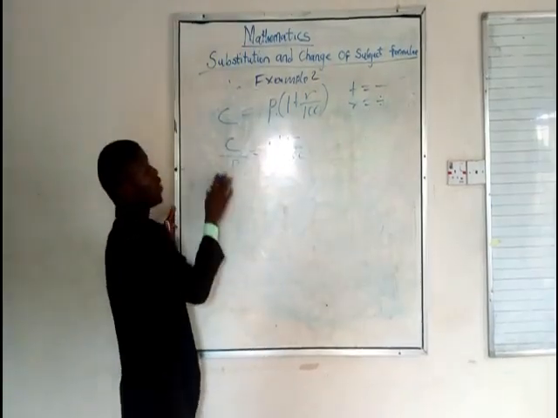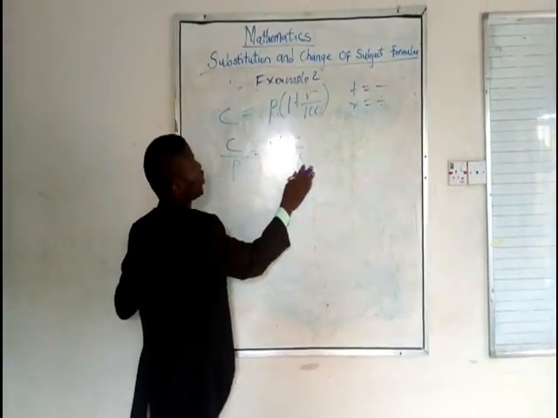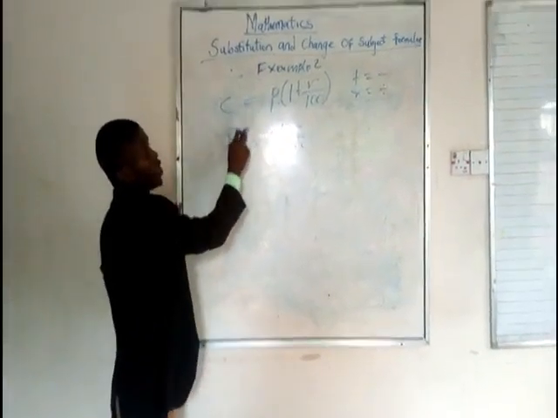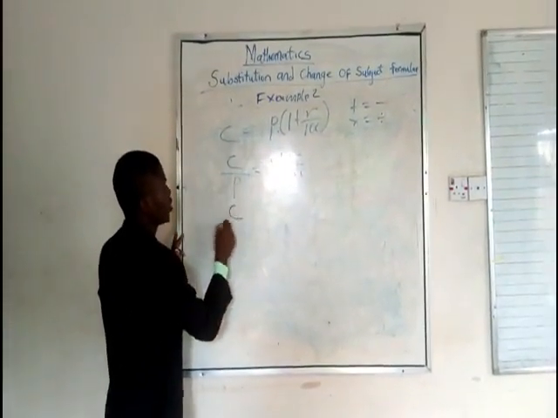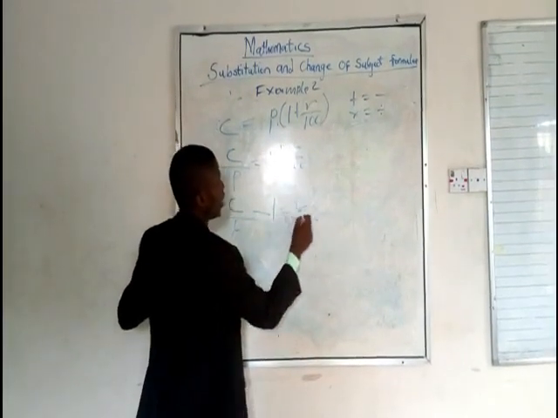We have C all over P equals 1 plus r over 100. Then the next thing that will cross is 1, due to plus crossing will give minus. I have C all over P minus 1 equals r all over 100.